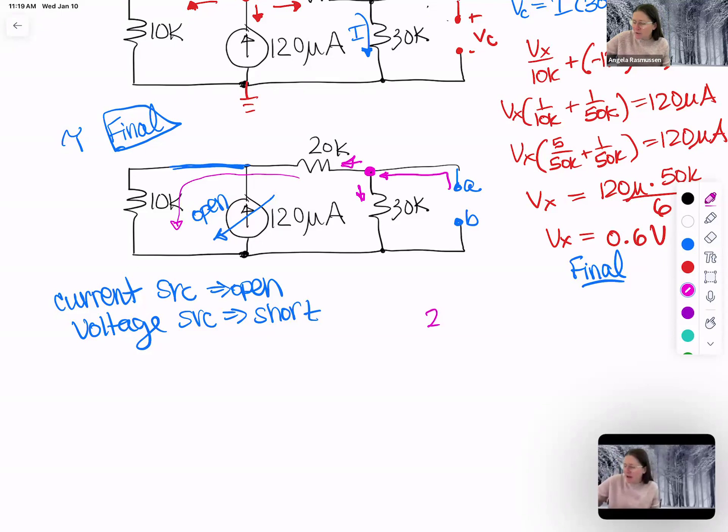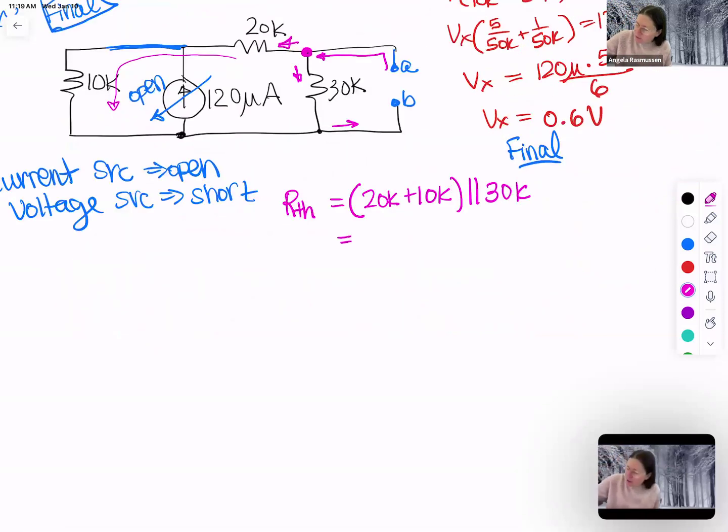So I'm going to have 20K plus 10K in parallel with 30K. And then that combines again to get back to the B side of it. So you ignore grounds when you're finding the Thevenin because you're looking at the element location itself to find A to B. So this now becomes 30K in parallel with 30K.